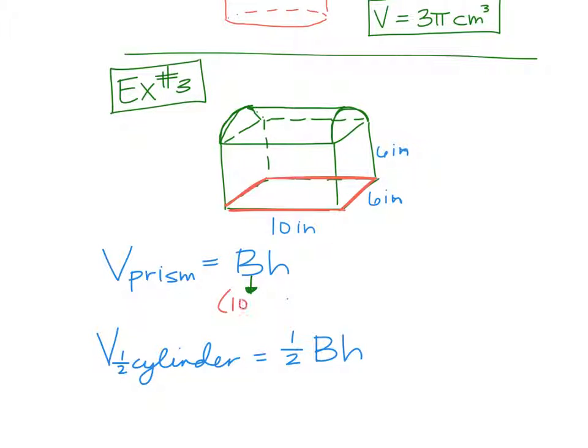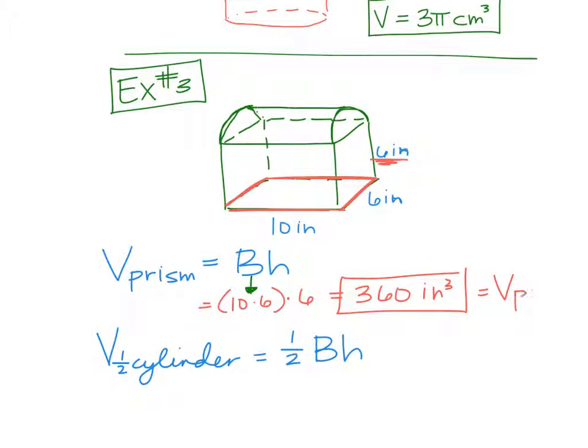So that would be 10 times 6 for B. And then what's H? That's this other 6, right? That's the 6 that's vertical there. So you're doing 10 times 6 times 6, or 360 cubic inches. Okay, so that's the volume of the prism.